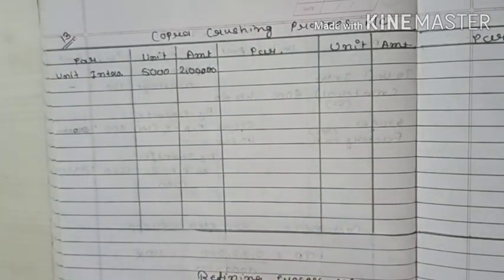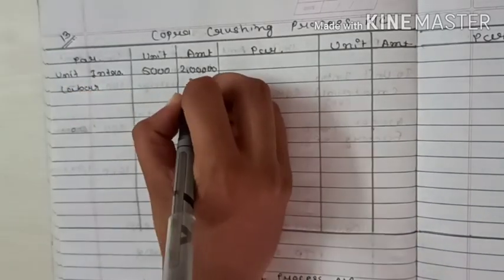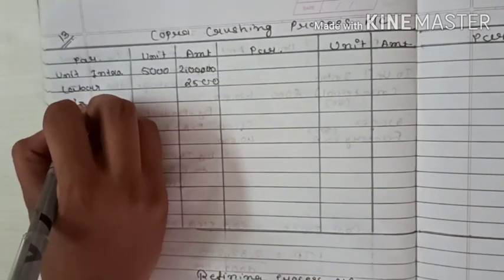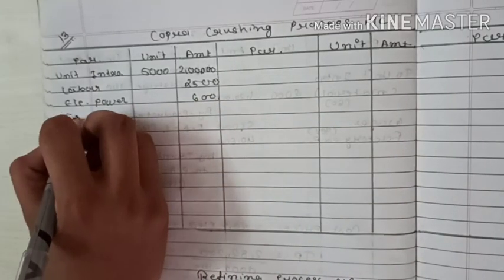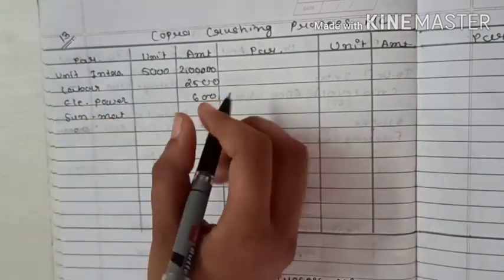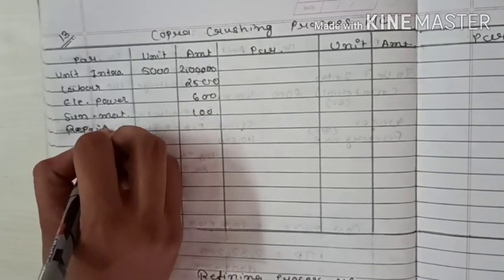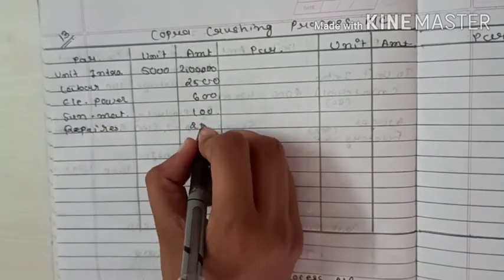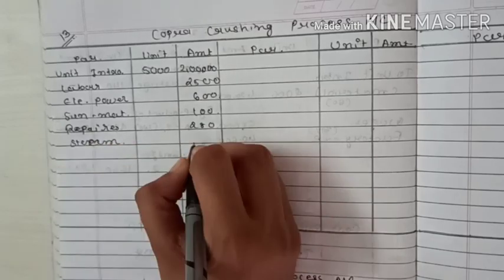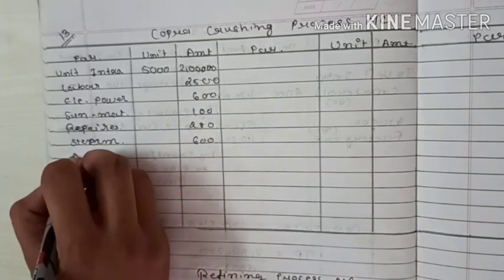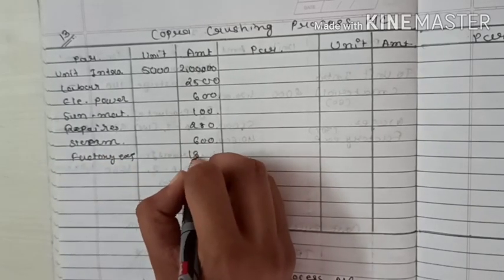Now let's put all the other expenses: labor 2,500, electricity power 600, sundry material 100, repairs 280, steam 600, factory expense 1320.